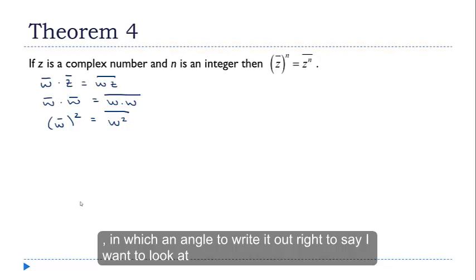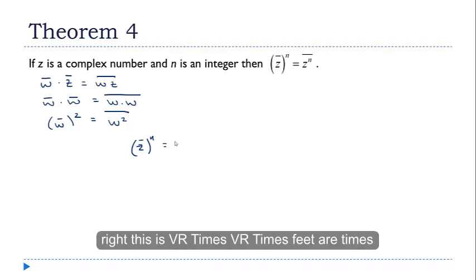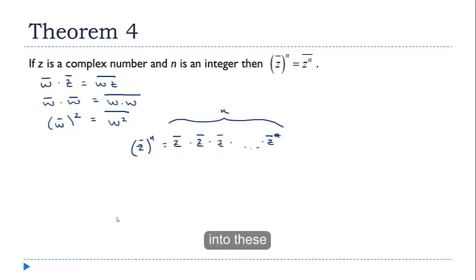I'm really just going to write this out. Let's say I want to look at Z bar to the n power. This is Z bar times Z bar times Z bar times, I'm just using the definition of an exponent, Z bar, and I have n of these.